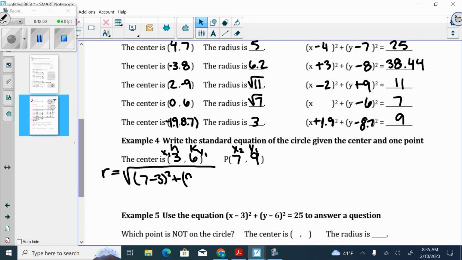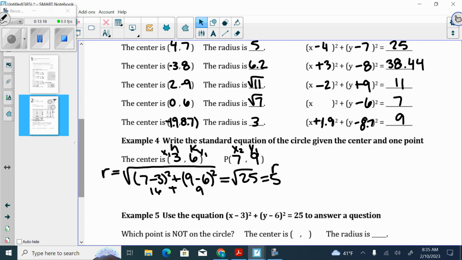Very good. Squared. And then we'll just simplify, right? So what is 7 minus 3? 4. And what's 4 squared? So this part is 16. Plus, what's 9 minus 6? 3. And what's 3 squared? 9. And what is 9 plus 16? 25. So I have the square root of 25, which is 5.